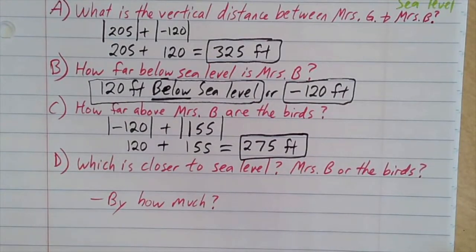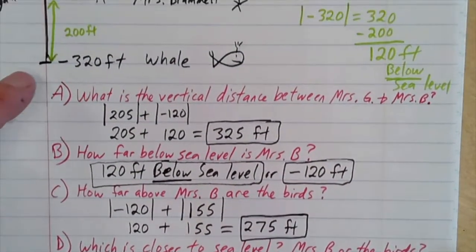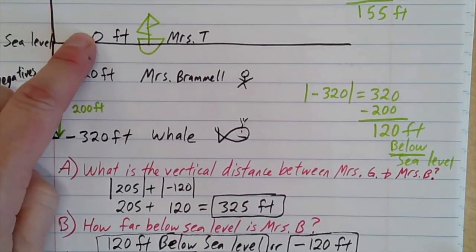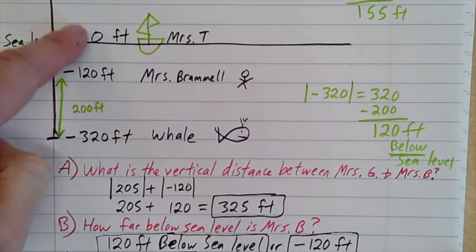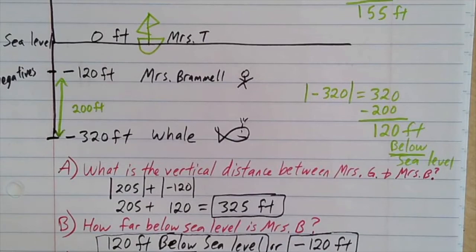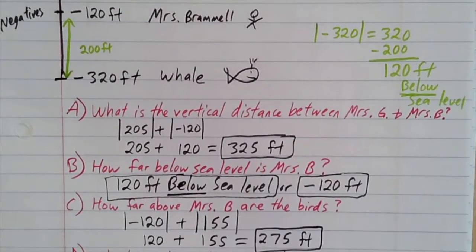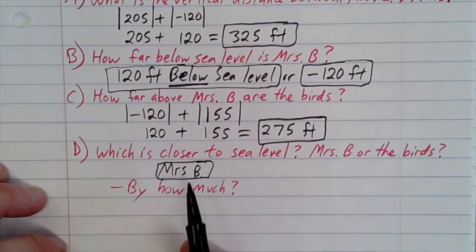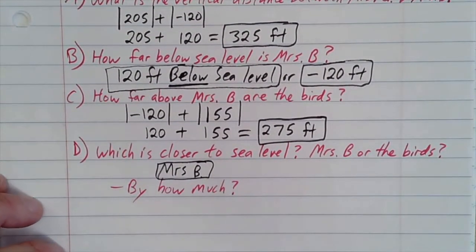So if you look at your picture, who's closer to sea level? The birds are 155 away and I'm 120 away. So who's closer? Mrs. B. So then by how much? Mrs. B is closer by how much? How do you figure out by how much I am closer?